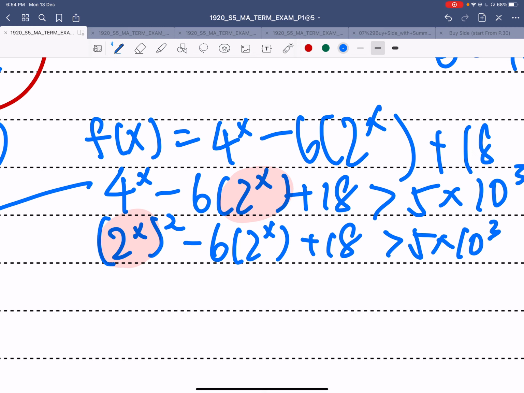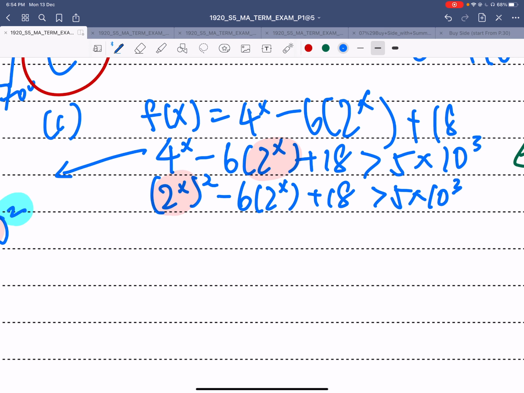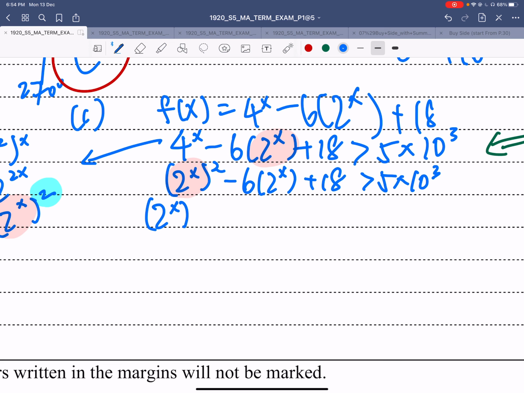Then you have to move it to the same side in order to solve the quadratic inequality, right? 18 minus 5,000 is negative 4982, and this is larger than 0.